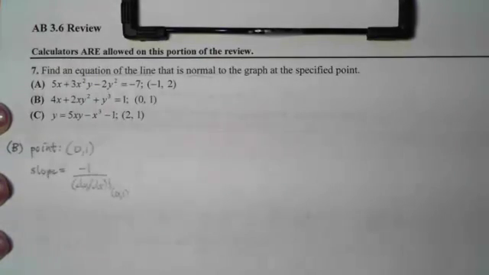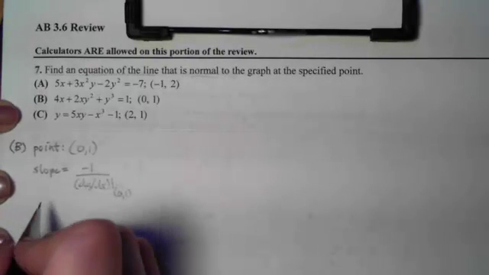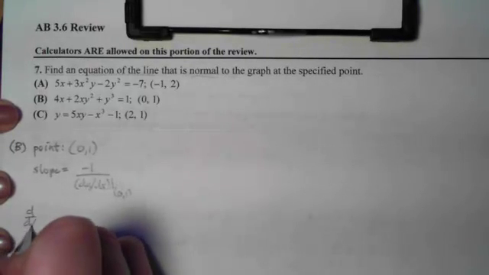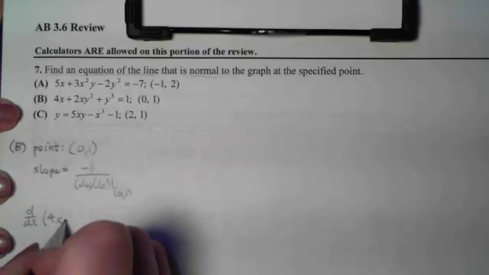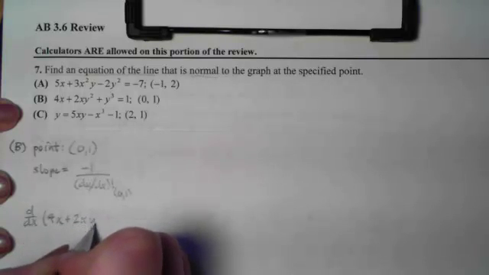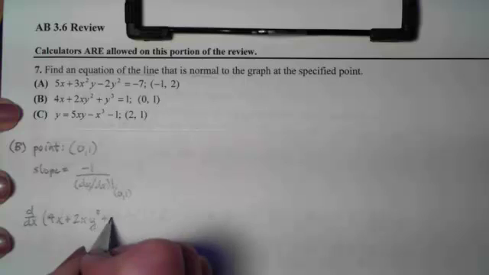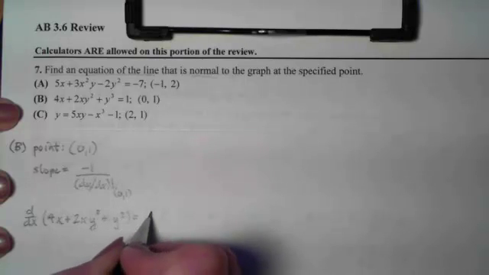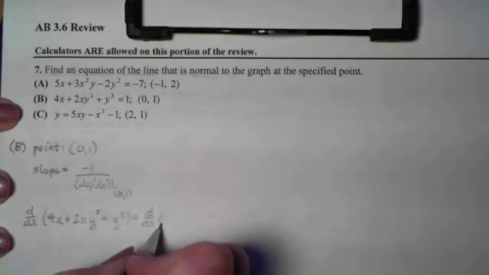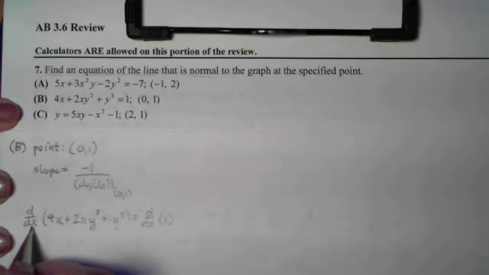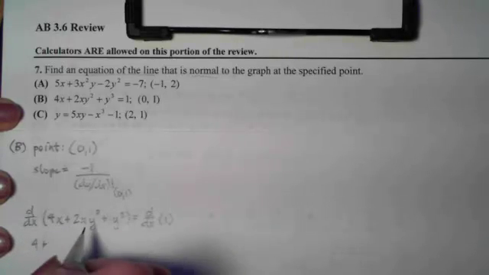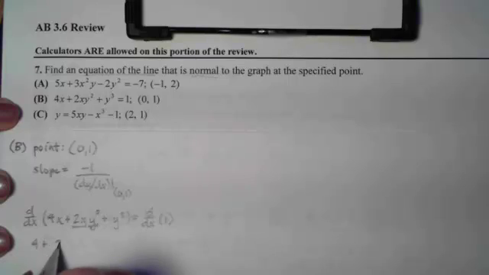So in order to compute that, I need to know what dy/dx is. To find dy/dx, I'm going to do the process that was taught in section 3.6 skill 1, which involves applying the derivative operator to both sides of the equation. Running it through, I'll have a 4 plus, I have to do the product rule, 2x times hit the power inside unchanged times the derivative of the inside.